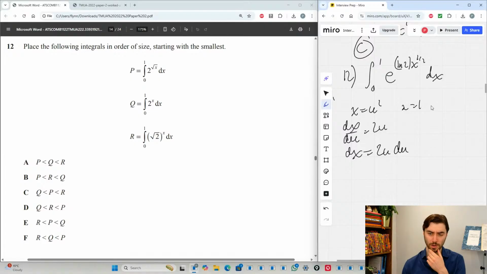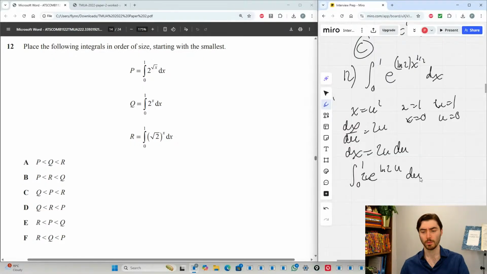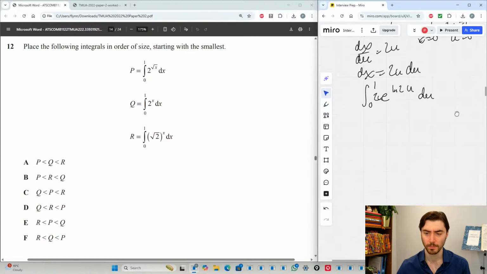When x equals 1, u equals 1. When x equals 0, u equals 0. So it becomes the integral from 0 to 1 as well of e to the ln 2, x to the half becomes u, dx is 2u, which I can then do by parts.